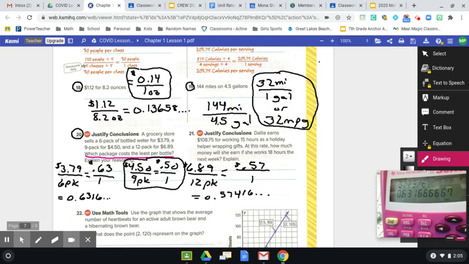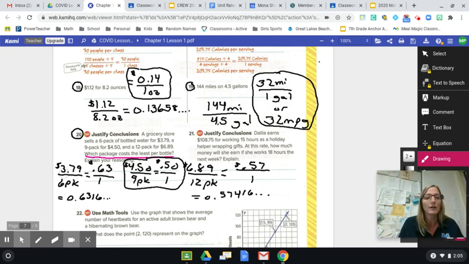And so now rounding, if you have to round, we look in that thousandth spot. So 3 places in, we see a 1. That's the thousandths. That 1 is not going to round anything. So that means you just take the first 2 digits in the hundredths. It's 63 cents just for 1 bottle out of that 6-pack of water.